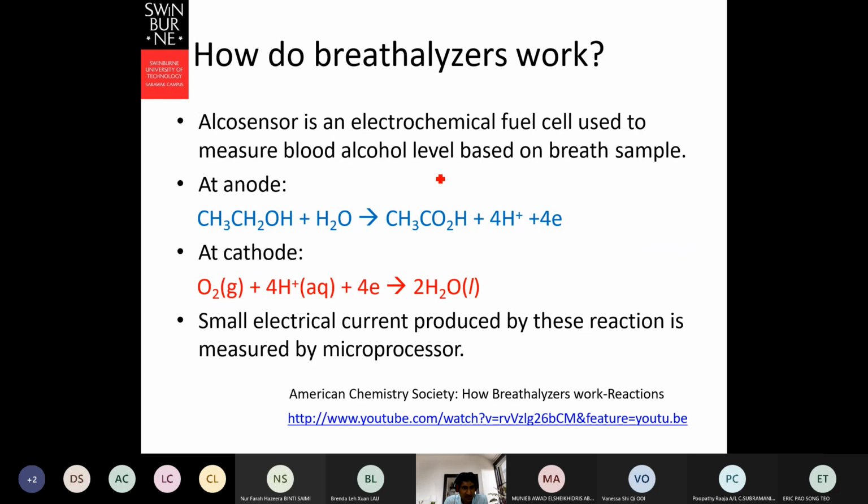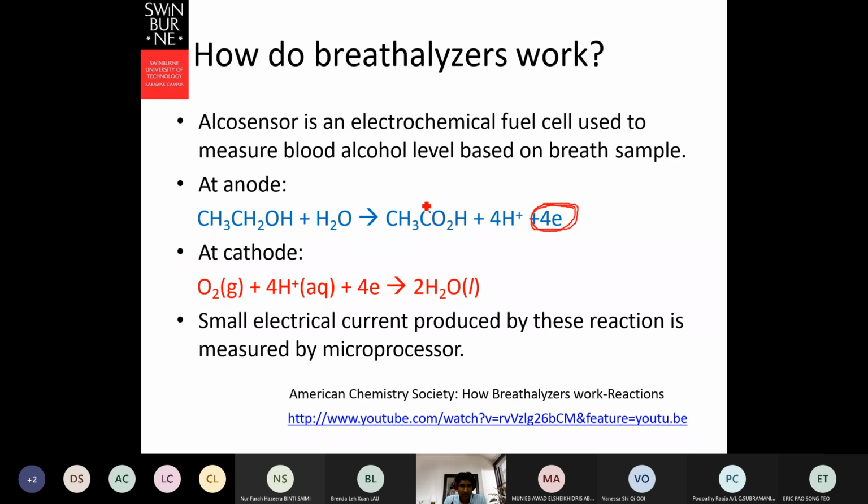So how does the breath analyzer work? It has an electrochemical sensor, an electrochemical fuel cell actually, and it has anode and cathode. What is anode and what is cathode we will see later on, if we study electrochemistry. So at the anode, electrons are being produced, all right?